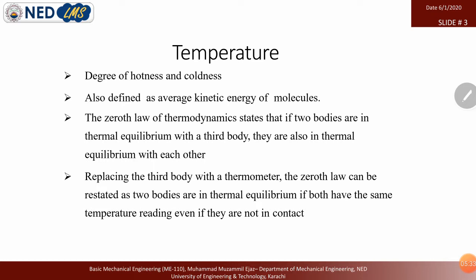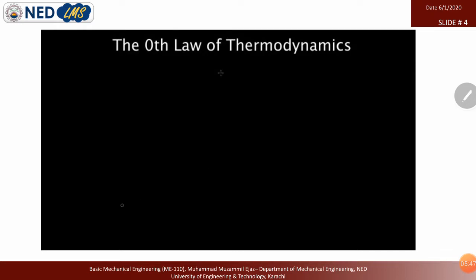That was already explained in the last lecture, but here I put this topic again because I found a very good animation regarding the zeroth law. So after this slide we have a video of the zeroth law.